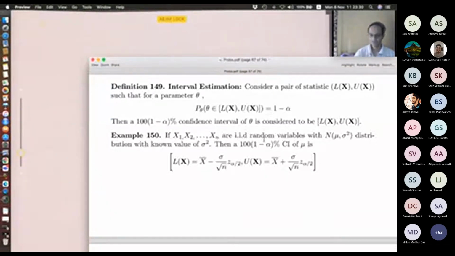Now let us go for this example. X1, X2, Xn are IID random variables with normal mu sigma square. For sigma square, for the time being, let us assume that it is known. Then let us try to see how we get this lower bound and the upper bound.